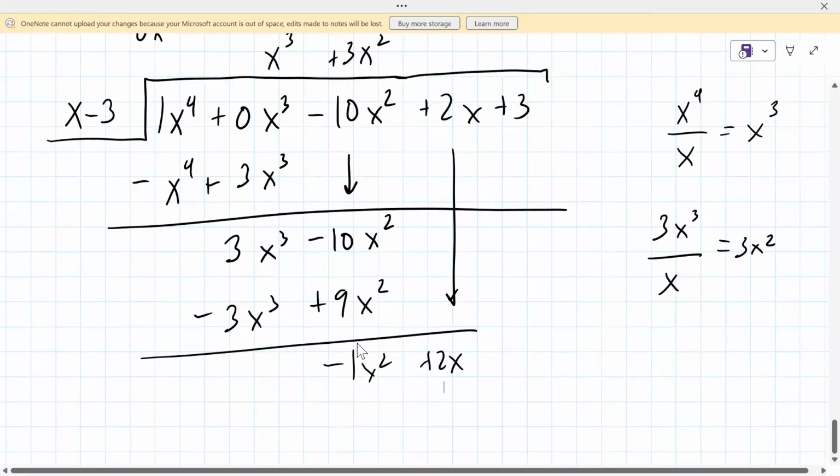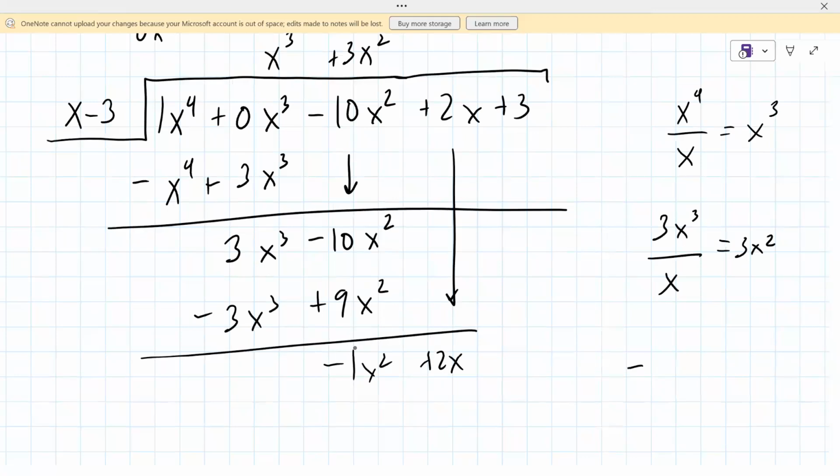So you always look to the leading one here. So it's minus 1x squared divided by x, which becomes minus 1x. And then that goes up here at the top.